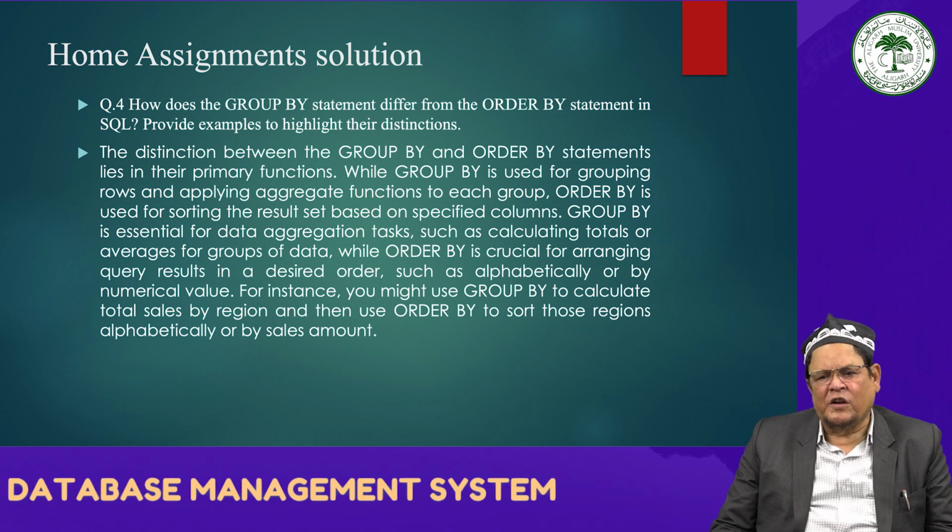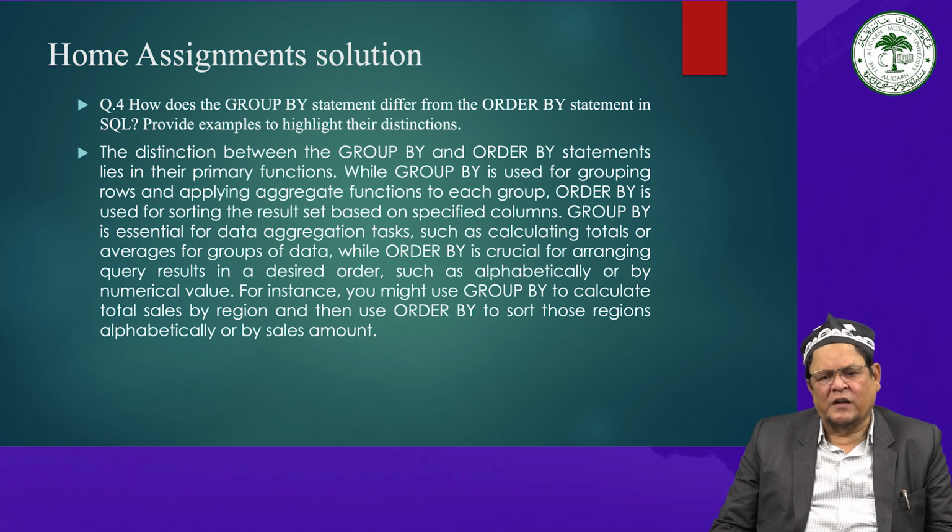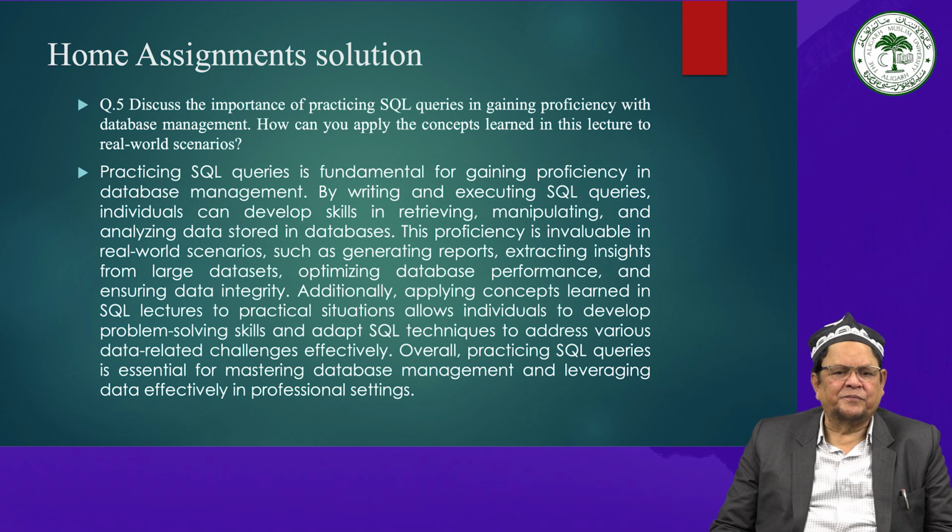Group by is essential for data aggregation tasks such as calculating totals or averages for groups of data, while order by is crucial for arranging query results in the desired order, such as alphabetically or by numerical value. For instance, you might use group by to calculate total sales by region and then use order by to sort those regions alphabetically or by sales amount.